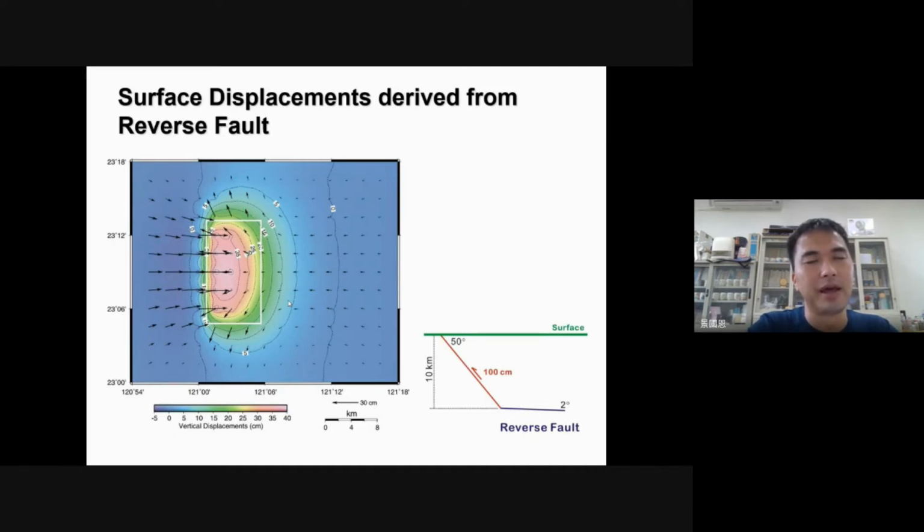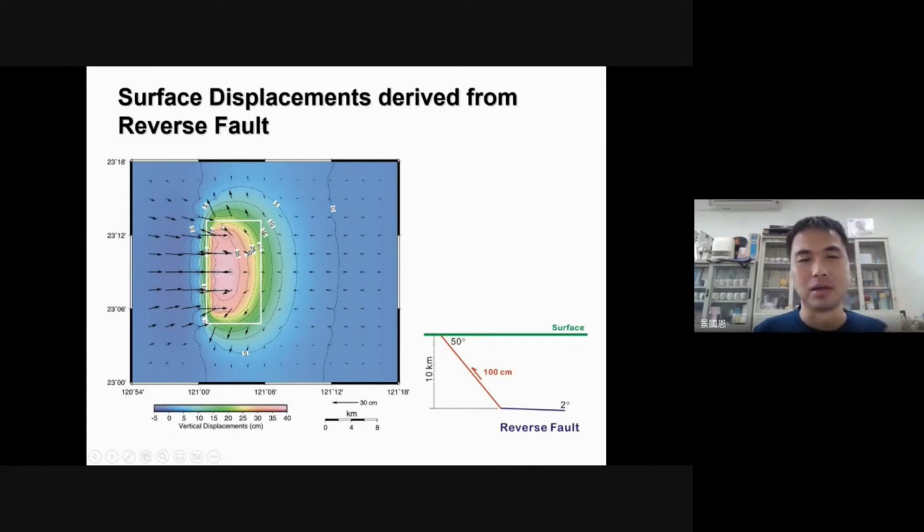I mean, they always think it is very simple to understand what kind of fault it is based on the InSAR result or based on the geodetic data. However, they don't understand the pattern may be quite different, even if all of them are reverse faults. The only difference is the dip angle.